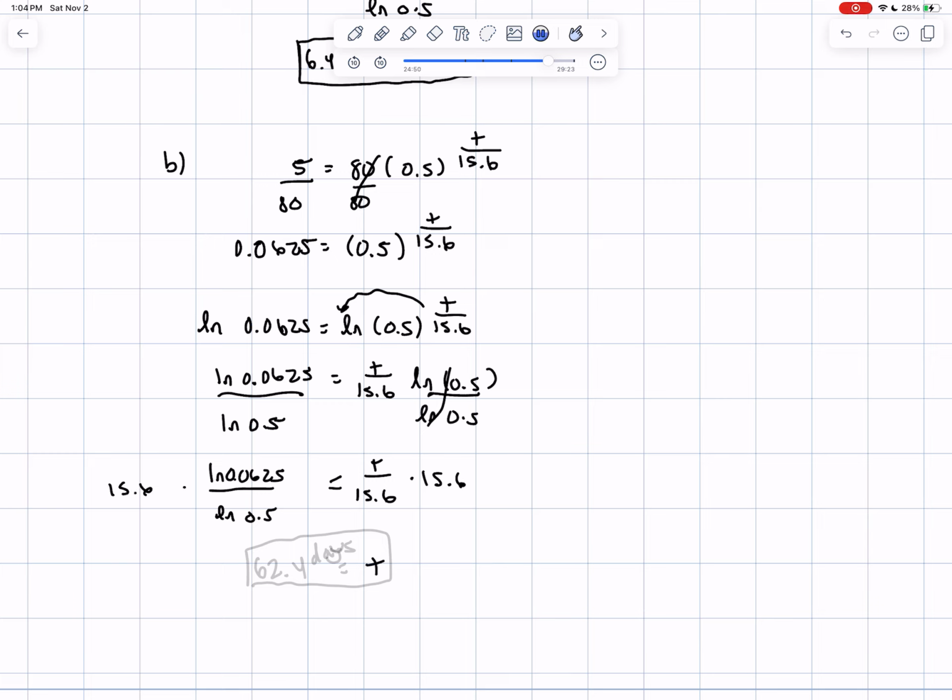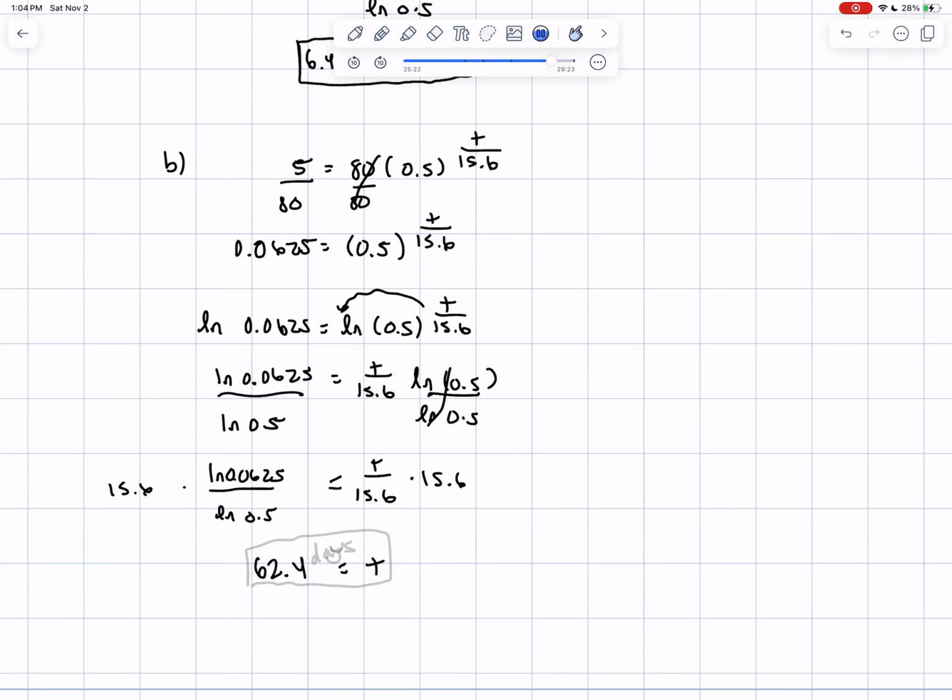So then our t will be what? Let's see. So the ln of 0.0625 divided by the ln of 0.5 times 15.6. I'm getting 62.4.